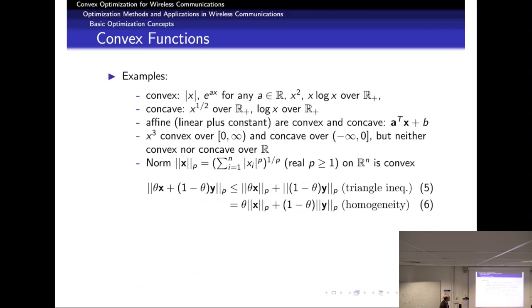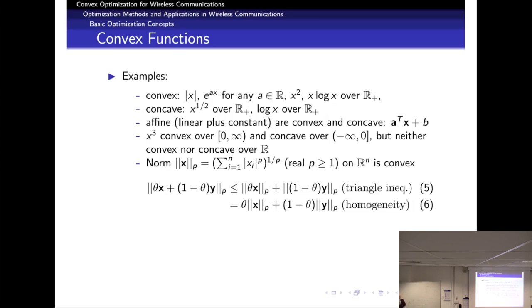Right, so let me show you a few examples of convex functions. For some of them, you can show them using the definition. For some of them, we can show this using other properties of convexity. I will show you this in a minute. But let's imagine that I start with this function, absolute value of x, right?